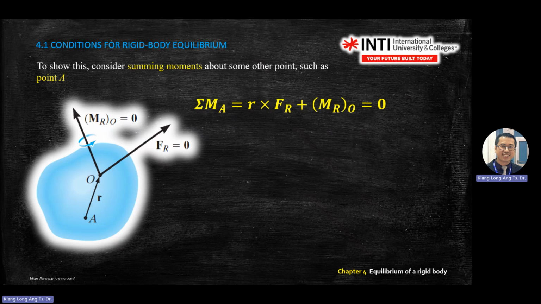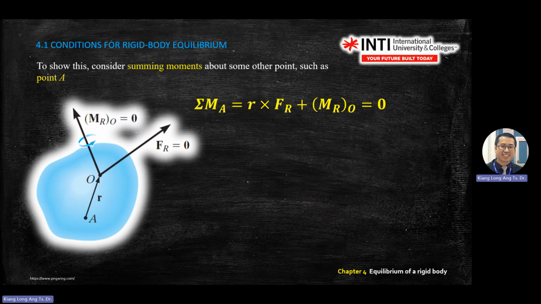So as you can see, if you move moment and resultant force at O, and you move these two to A, your equation will become R cross F. So what is R? R is here. Right hand rules, R cross F. And you can extend the tail of the forces, R cross F. All right.